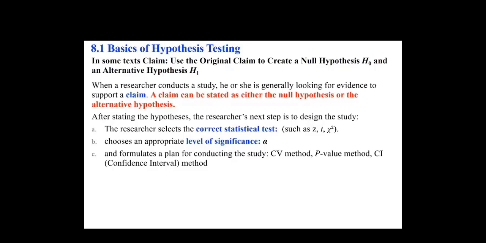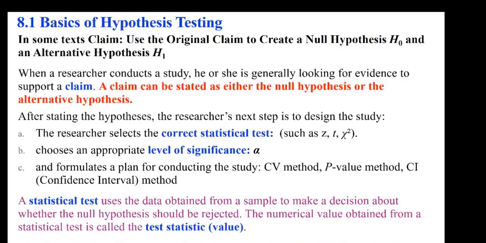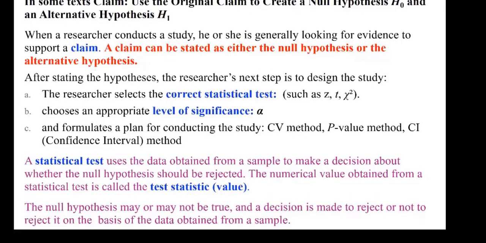A statistical test uses the data obtained from a sample to make a decision about whether the null hypothesis should be rejected. The numerical value obtained from a statistical test is called the test statistic, or value. The null hypothesis may or may not be true, and a decision is made to reject or not to reject it on the basis of the data obtained from the sample. So the idea is this: we go through the process, and the process involves the very first step we've already discussed, H0 and H1, and then some calculations.